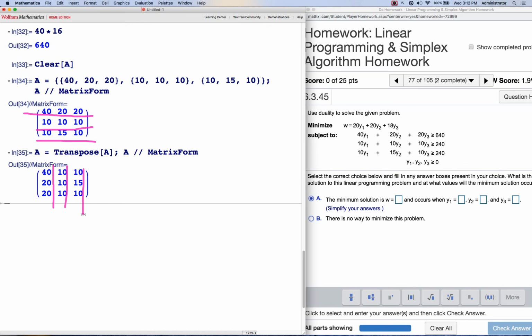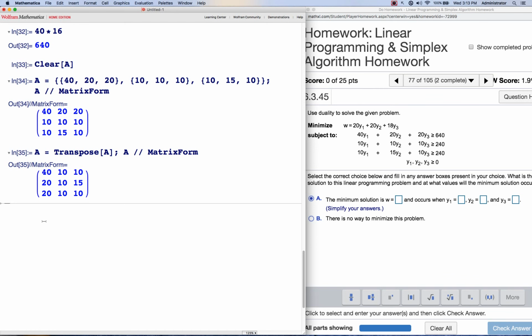That's what the transpose does. All right, that's important, and that's what I forgot to do the last time I tried to solve this problem. So, yeah, I made a mistake in my first attempt, but you know, that's okay. Teachers make mistakes too.